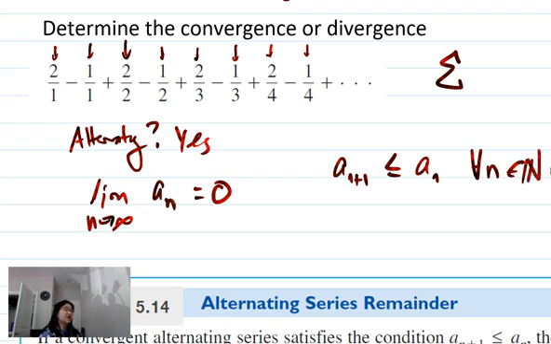No, because we have 1, and our next term, 2/3, is greater than 1/2 right there. So our next term is greater than our previous term, so we can't say if it converges or not based on the alternating series test.